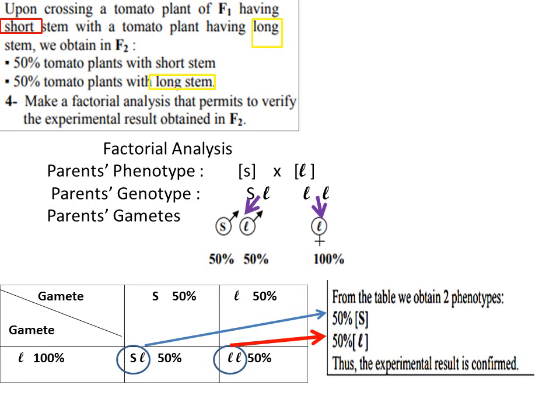Upon crossing a tomato plant of F1 having short stem with a tomato plant having long stem, we obtained F2, or second generation. Now, for plants with short stem, I can't know their genotype because short is dominant and it can appear in pure and hybrid. So this plant could have SS genotype or it could have SL genotype.